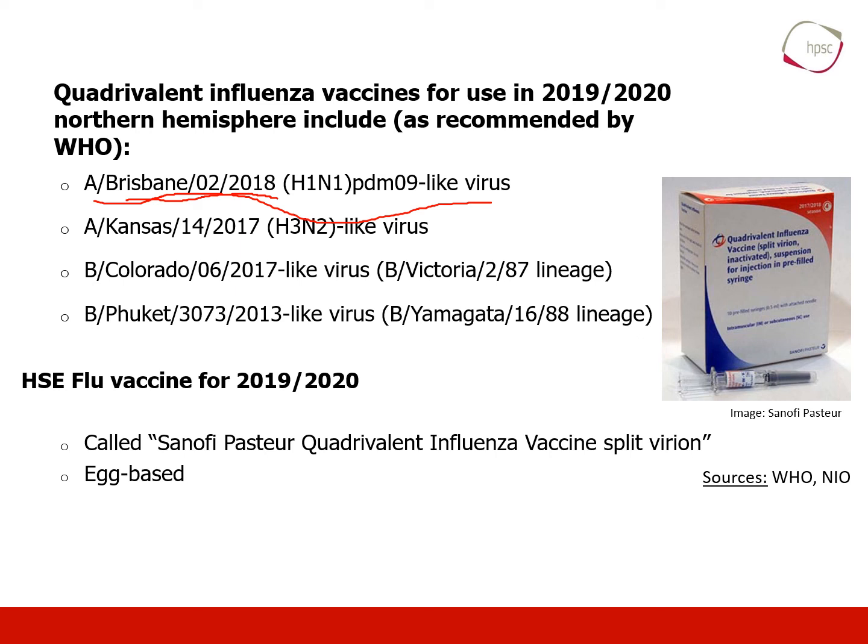Also the H3N2 virus, and it was also updated in 2017 from the Kansas strain. The two type B, we have the Colorado, which was updated 2017, the B Victoria 87 lineage, and also we have the Phuket 2013 Yamagata lineage.